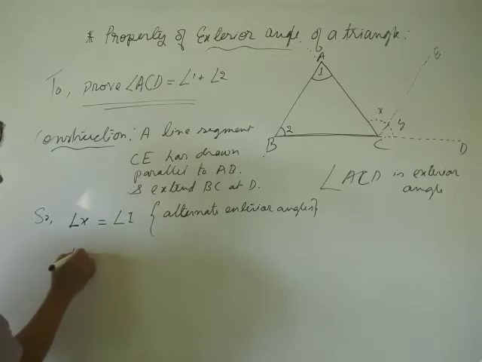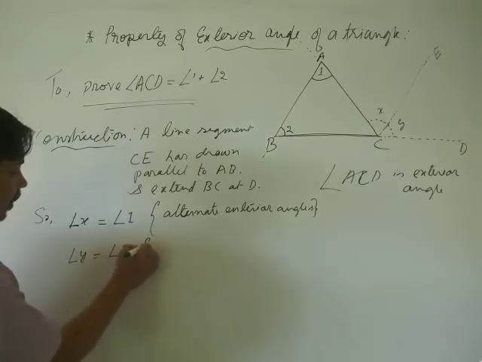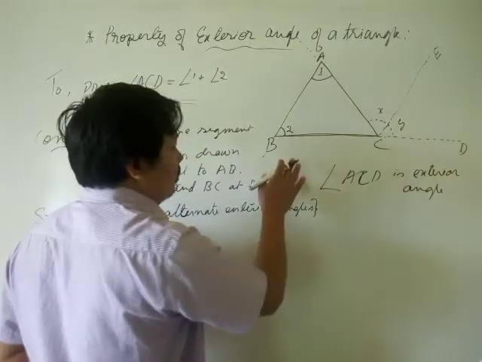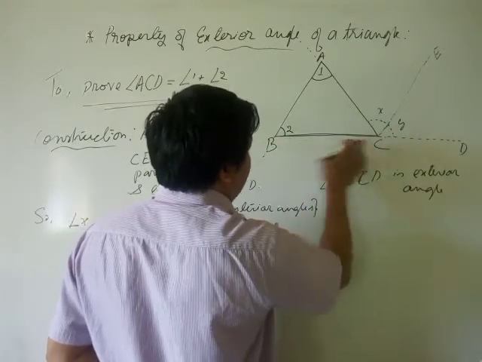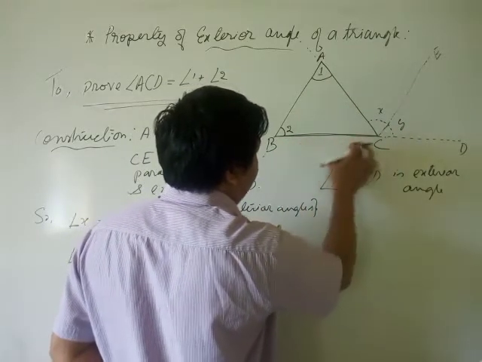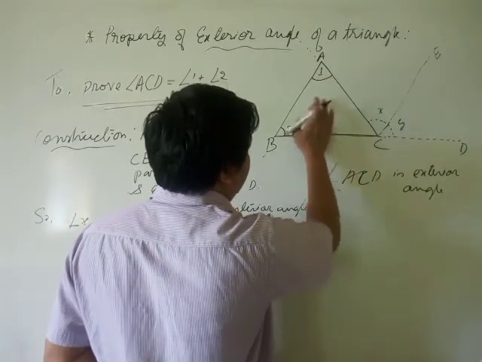Then angle y is equal to angle 2, because just think that these two are parallel and BC is the transversal. Then you just think about this part here without this line.